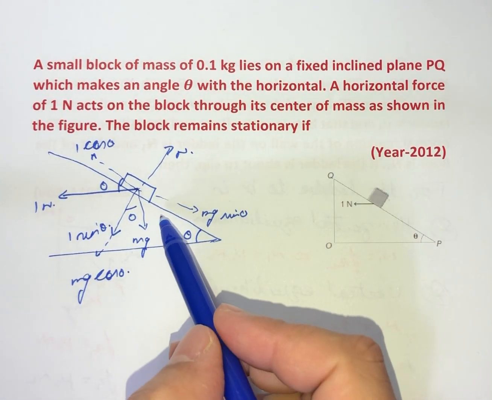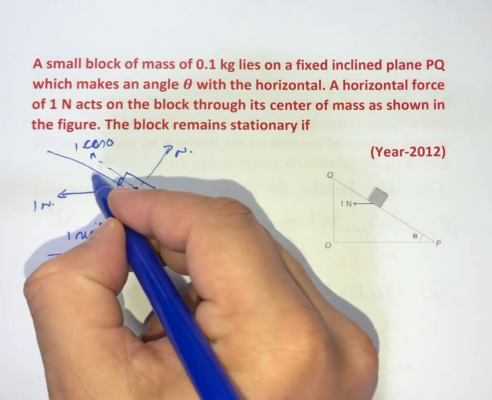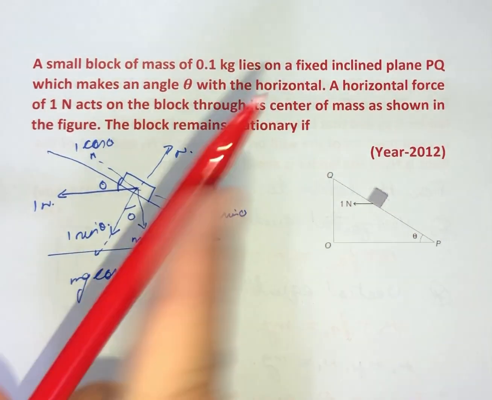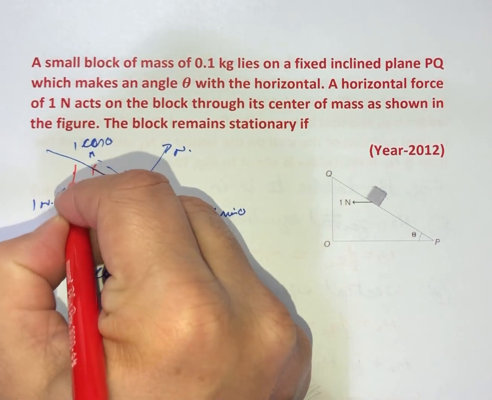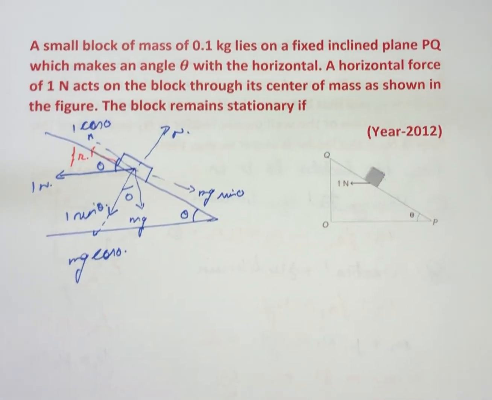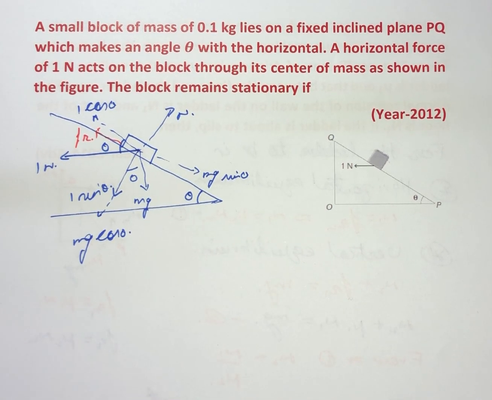And let's suppose that it is trying to move in the downward direction, so we are going to have a frictional force Fr that will be acting in the upward direction. So these are the respective forces which will be acting on it.